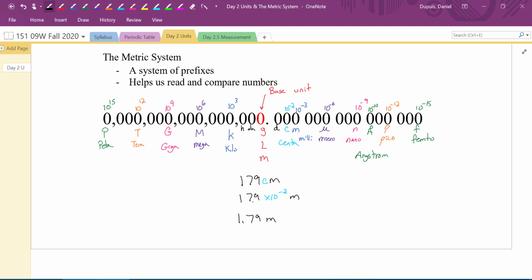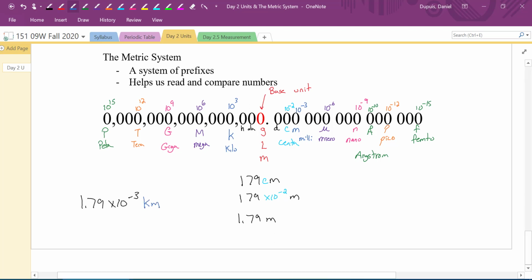Now the same thing, 1.79 meters, we can write that as kilometers too, couldn't I? I could write that as 1.79 times 10 to the minus 3rd kilometers.